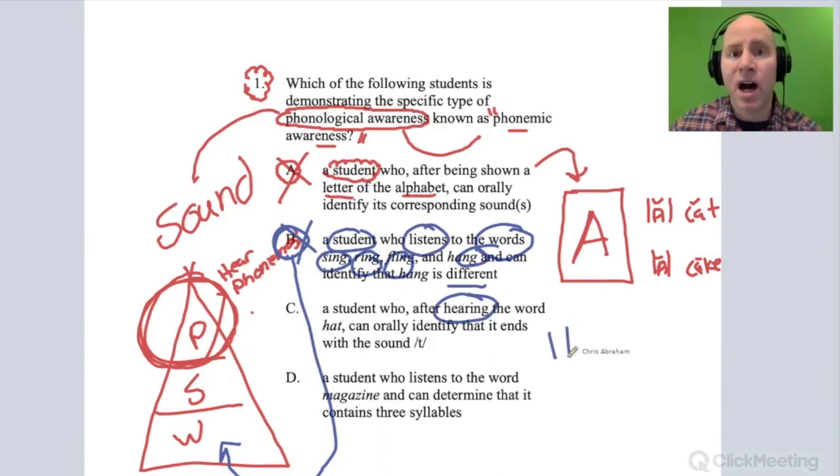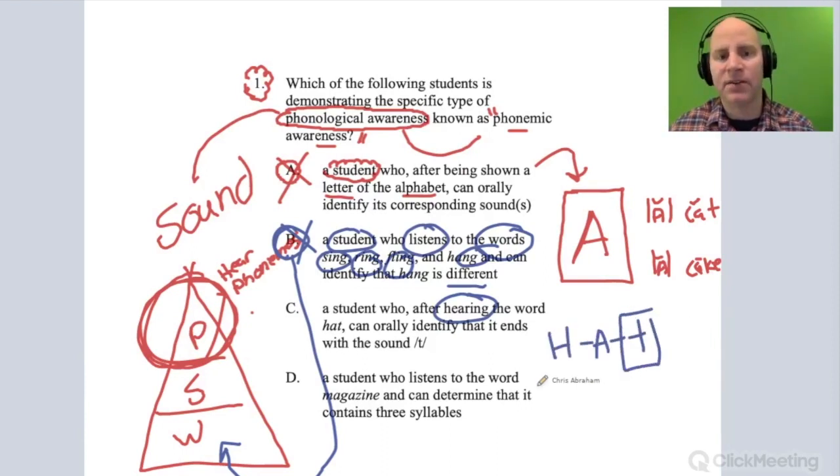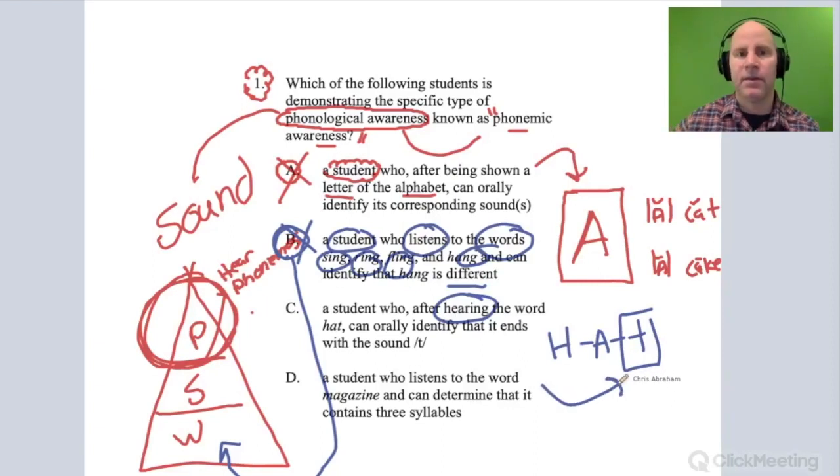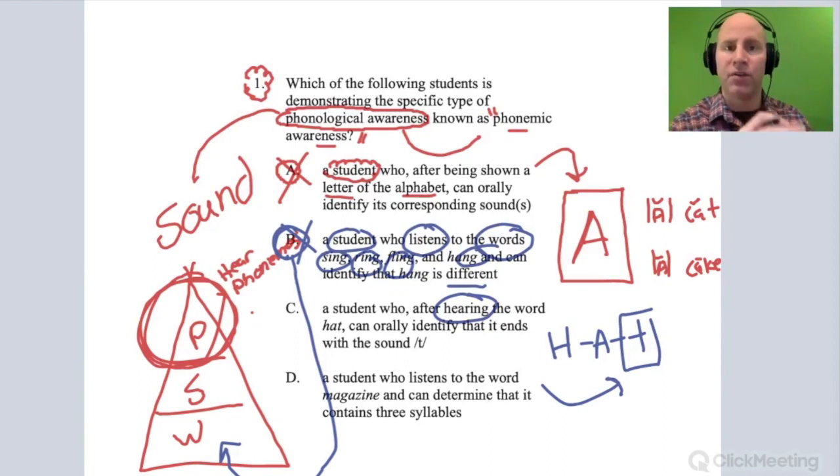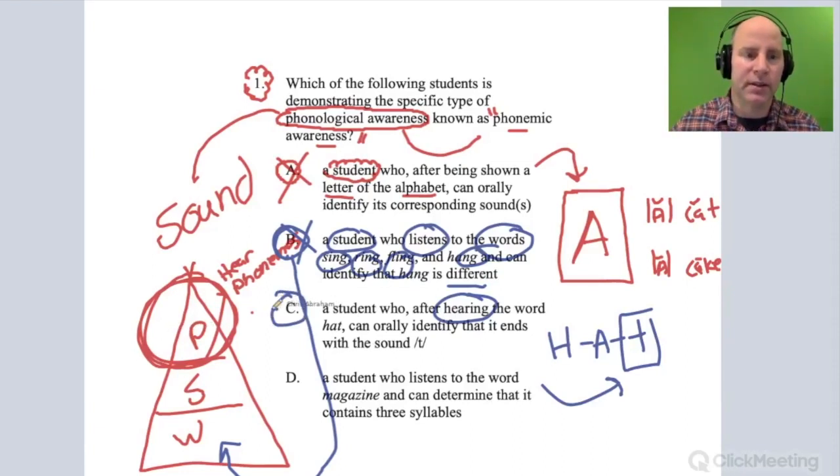It's made up of h, a, t, and then identifying that t sound as t. This would definitely be in the realm of the phoneme level, or phonemic awareness. The child is hearing the word, segmenting the sounds, the phonemes in a word, and identifying that last sound t as t. So C is our answer.